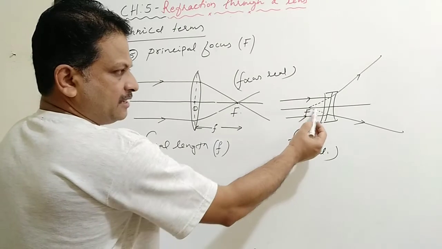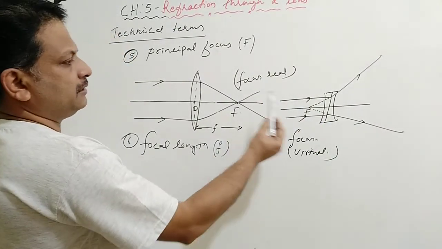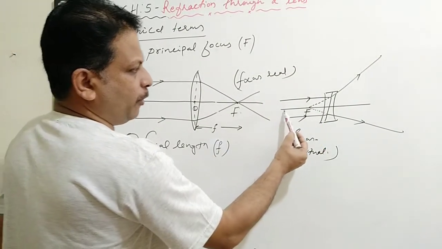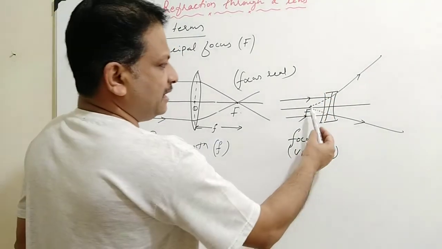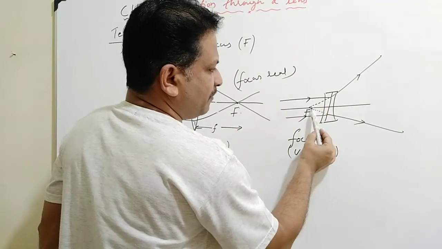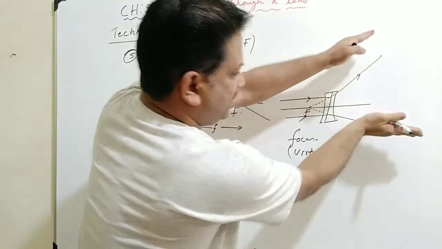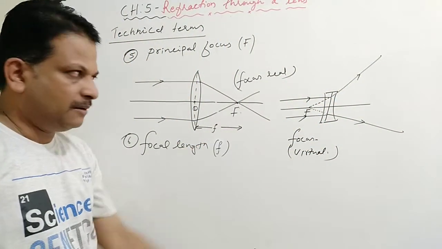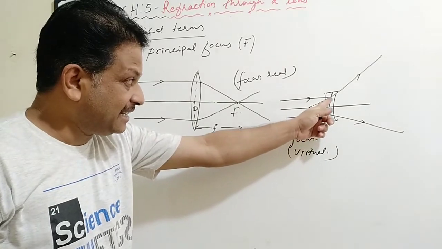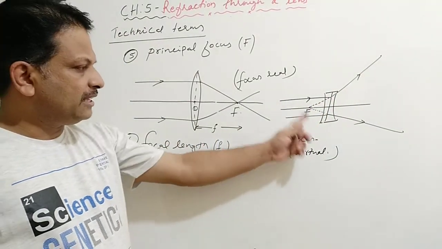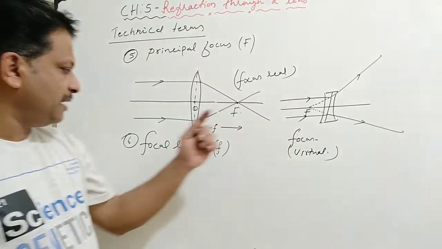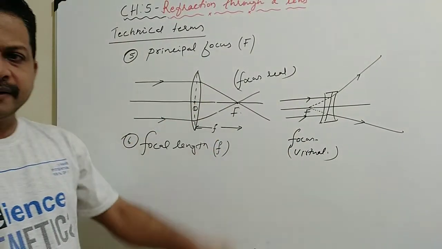So in case of a concave lens, the principal focus is a point lying on the principal axis such that the light rays appear to be diverging from this point. It is shown by dotted lines. Here dotted lines imply that there are no light rays actually reaching that point. Clear? So a concave lens has a virtual focus and a convex lens has a real focus.